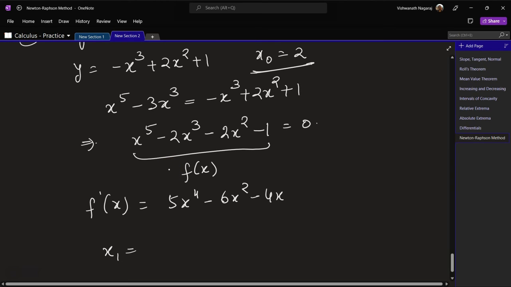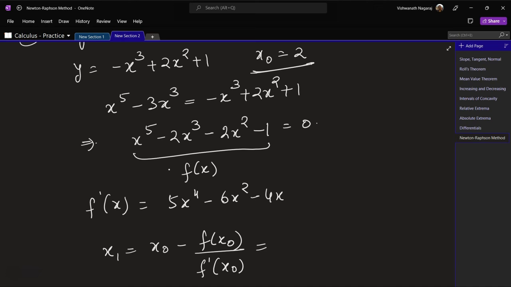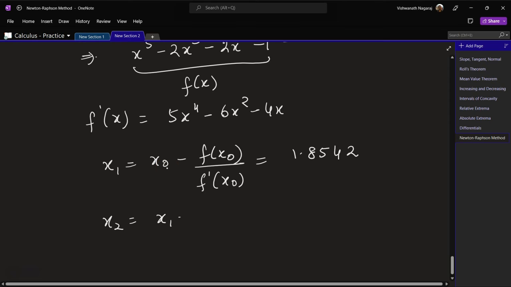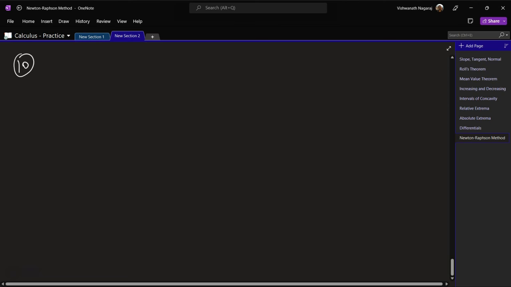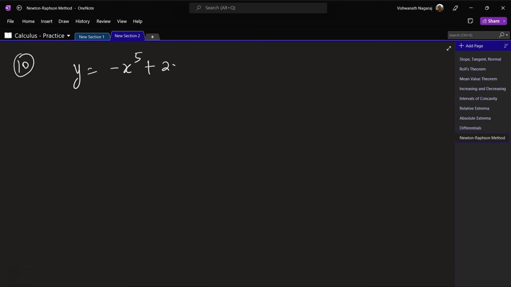So x1 is equal to x naught minus f of x naught by f prime of x naught. Evaluate this, we get 1.8542, and x2 will be x1 minus f of x1 by f prime of x1, which gives us 1.8126.